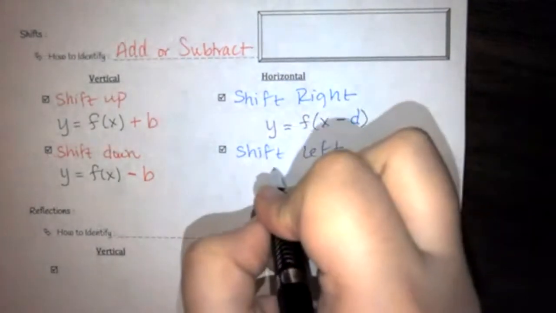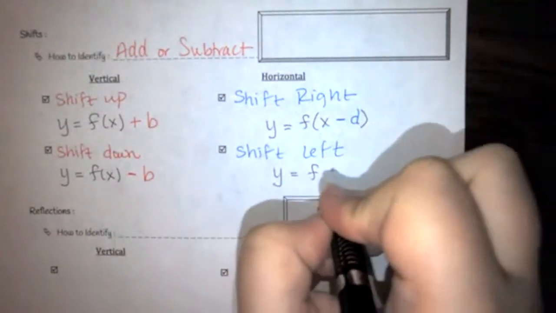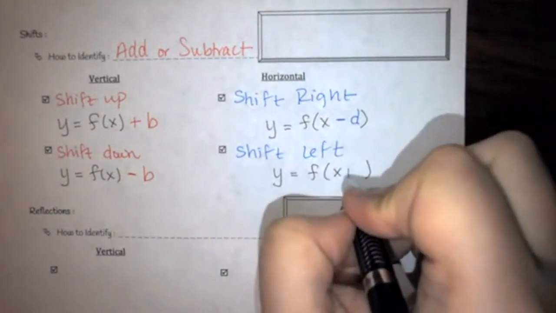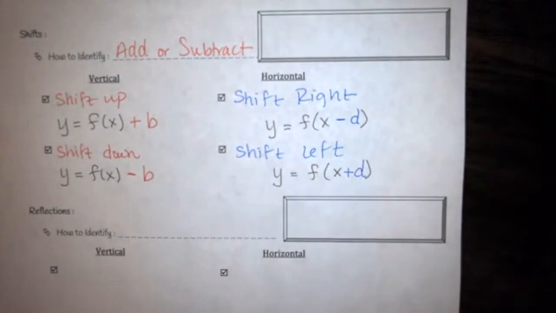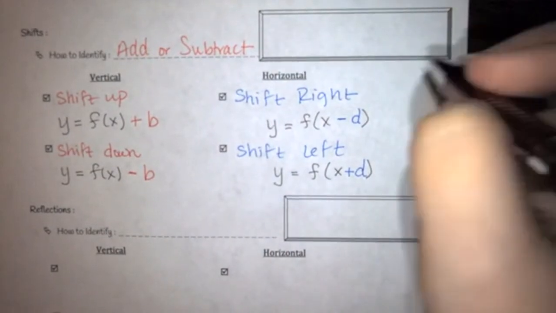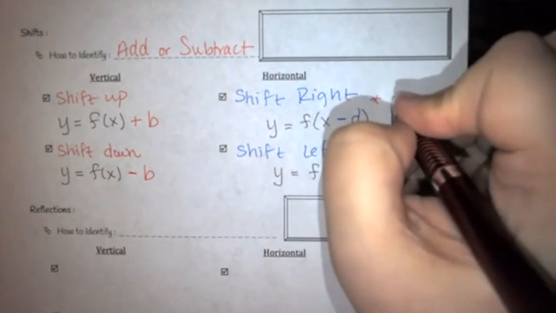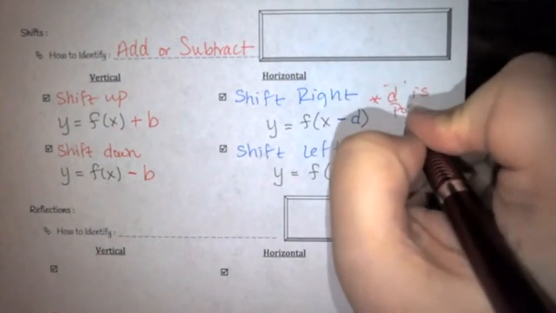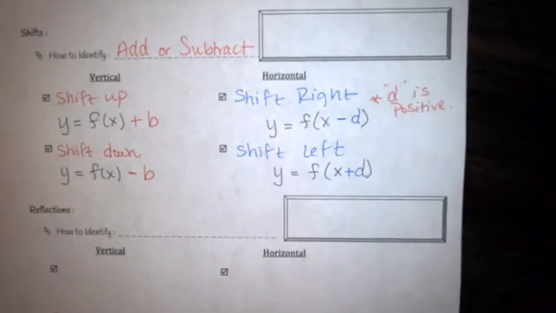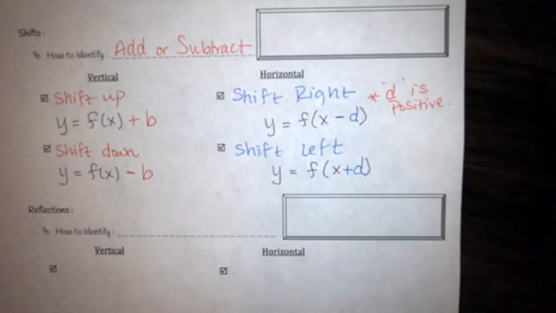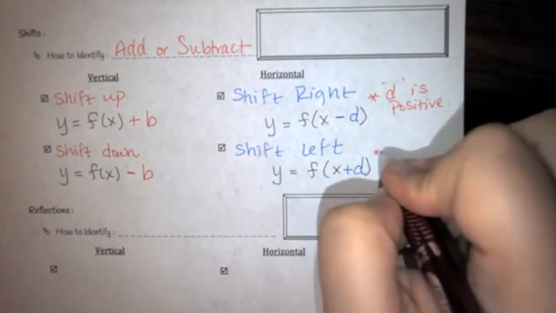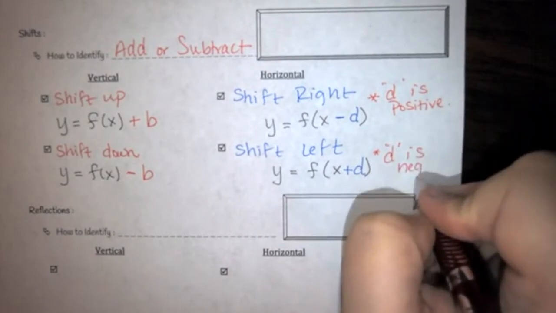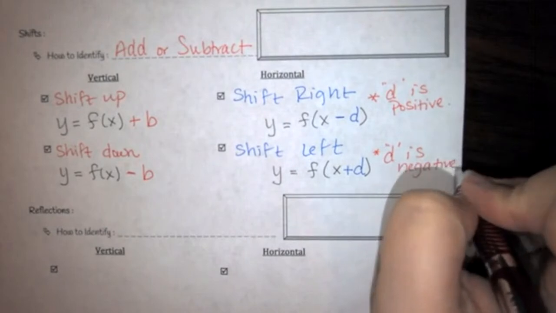Shifting left says I'm going to take my function, and in this case I'm going to add a constant. Now what's important to notice here, when we shift right, your d value is positive. So remember, inside the bubble your signs are opposite. That means left says that your d is negative. Okay.